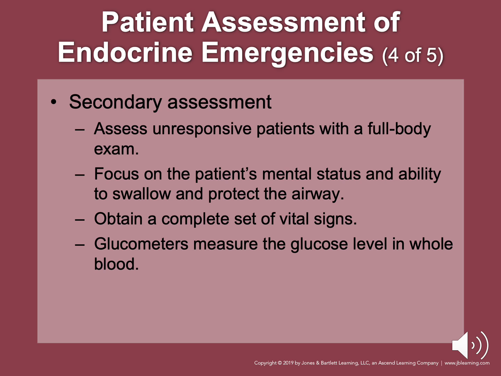Glucometers measure the blood glucose level in whole blood using either capillary or venous samples. Read and understand the operator's manual before you use it. The normal range for glucose level in the blood in a non-fasting adult and children is 70 to 120. Blood glucose level in neonates should be higher than 70.